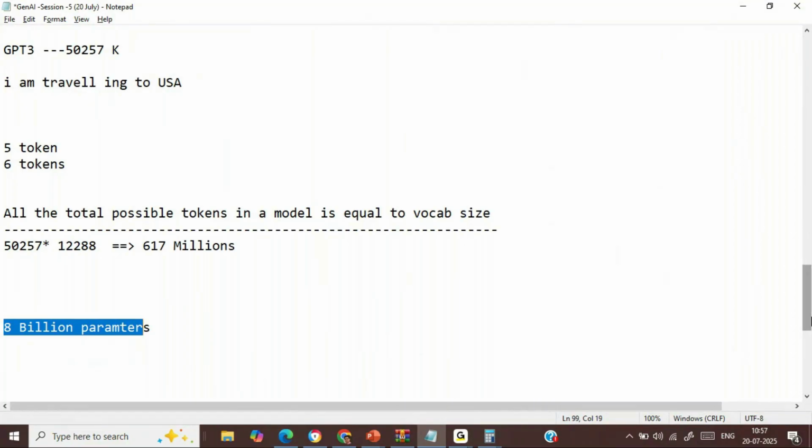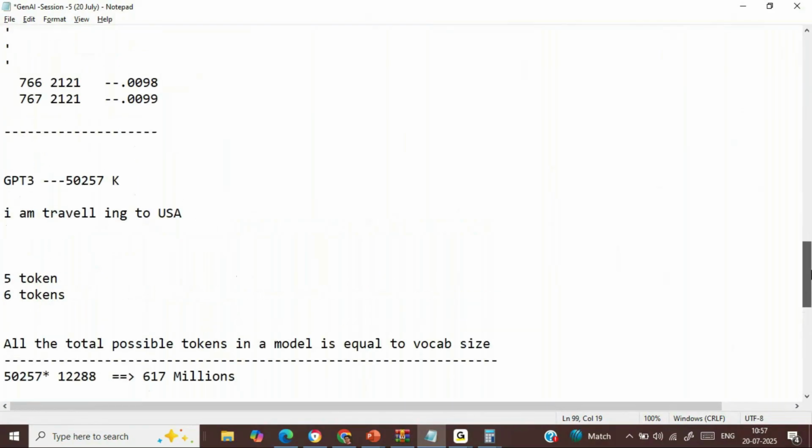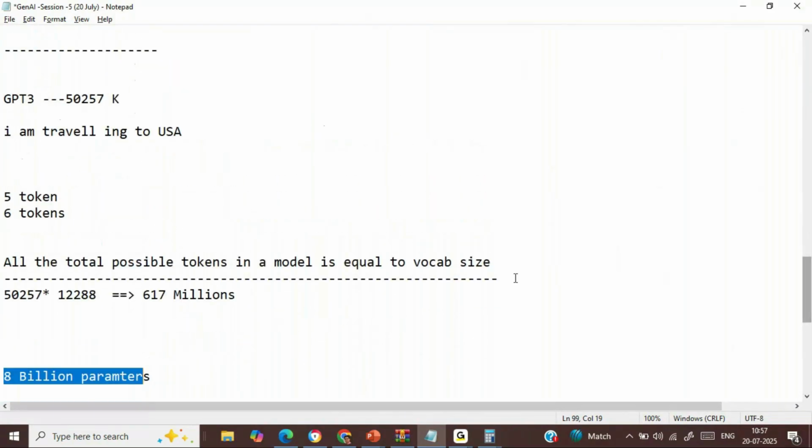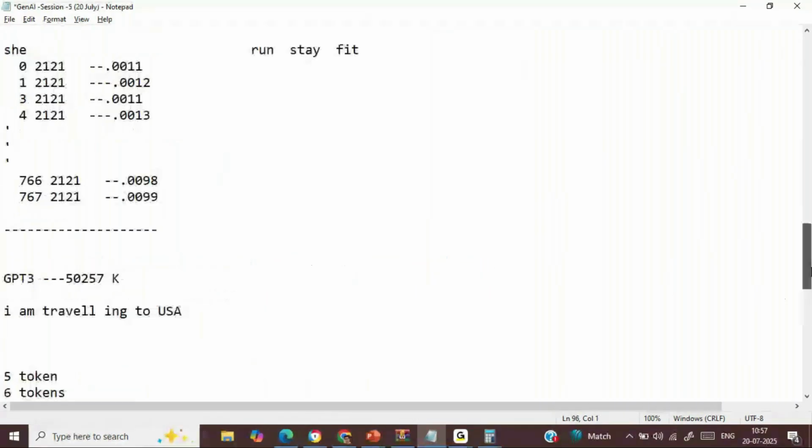So from the coding perspective, fewer things are there, but from the understanding perspective, a lot of things are there, and that's why I am going through these particular calculations, and how we get this much of parameters in a particular model. We will see it practically.